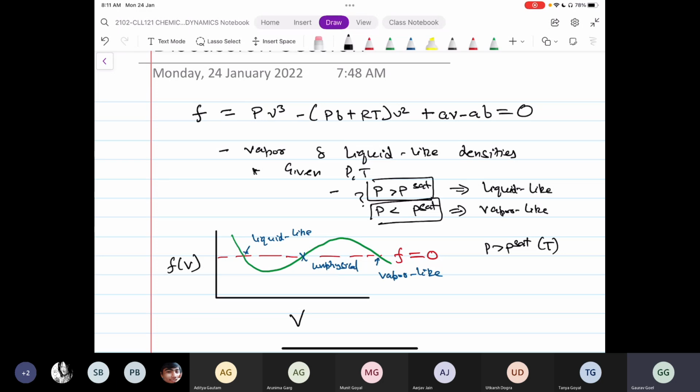And now, rather than hit and trial, what I will say is you will use some numerical scheme for finding roots. For example, let's say I use the Newton method. In this scheme, the initial guess is very important. So what will you take for the initial guess in this case?